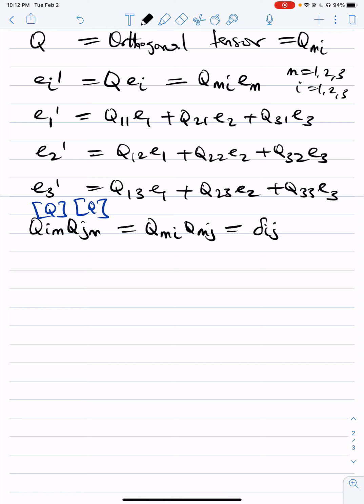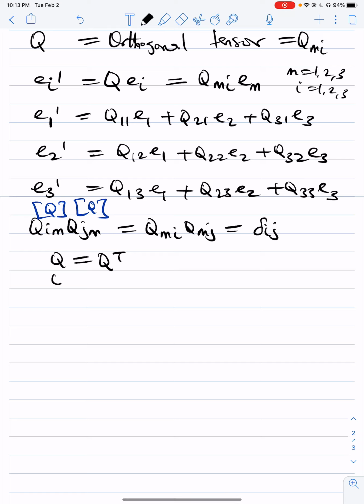What I've just written is trying to say that Q transpose Q equals the identity, irrespective of the way you turn it, because what the rotation tensor does is simply rotate. It doesn't change the vector or tensor it operates on.